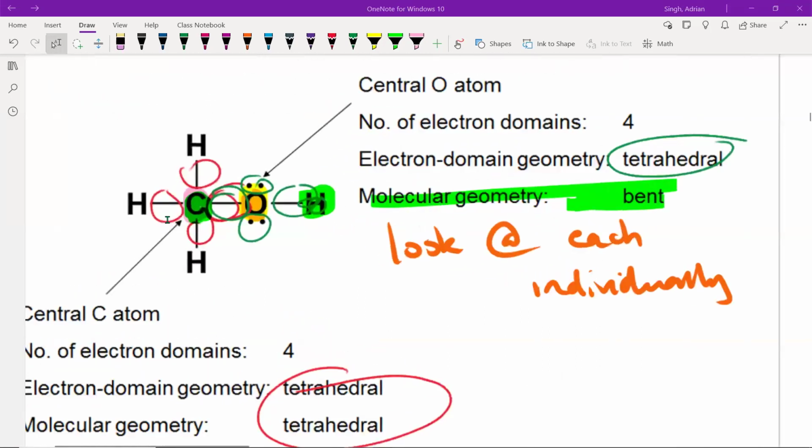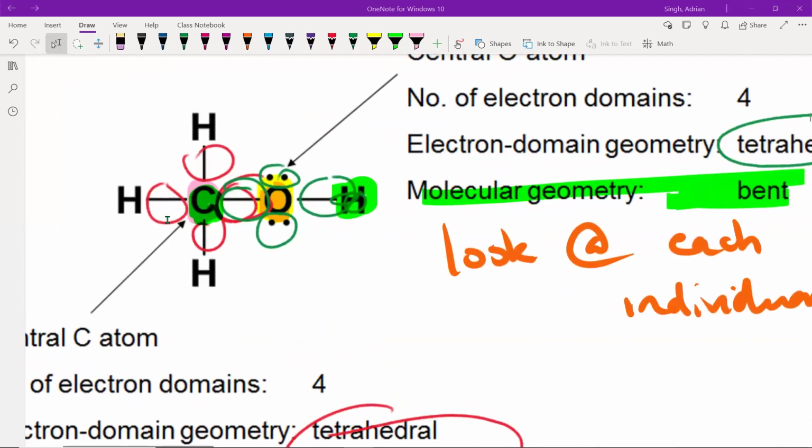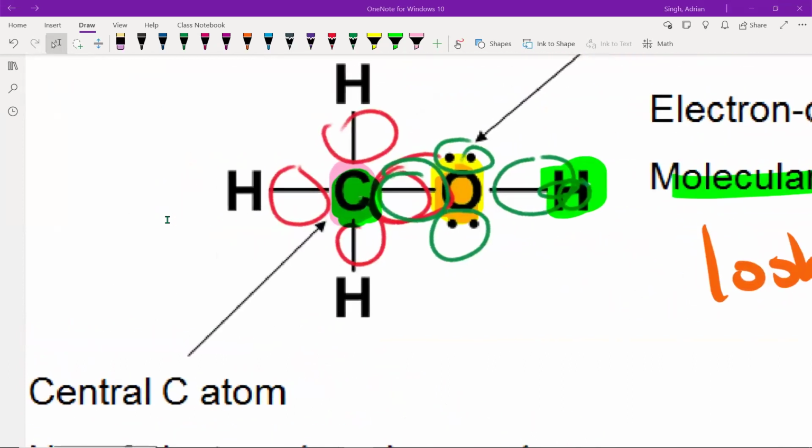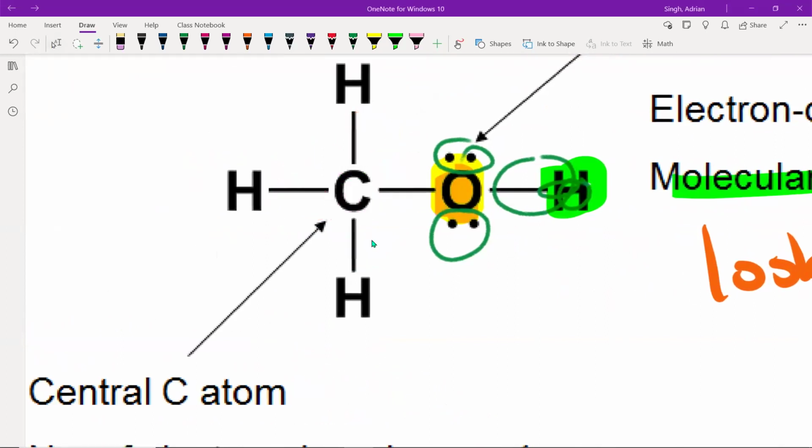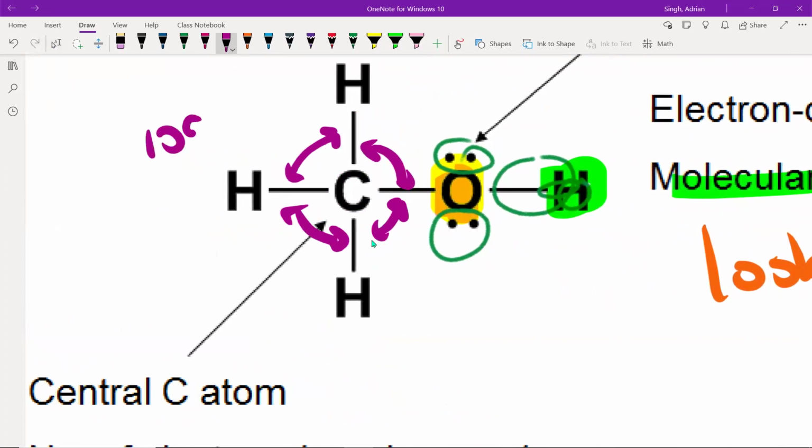What this also means is that the bond angles around each of the atoms in here will be different. So for instance, if I look at the bond angles around the carbon, because that's tetrahedral and there isn't a lone pair around the carbon here, we can assume that these bond angles are all going to be the tetrahedral bond angles, which are 109.5 degrees.